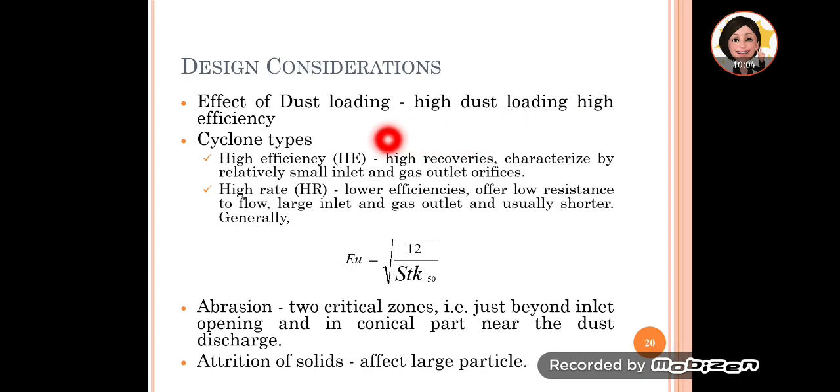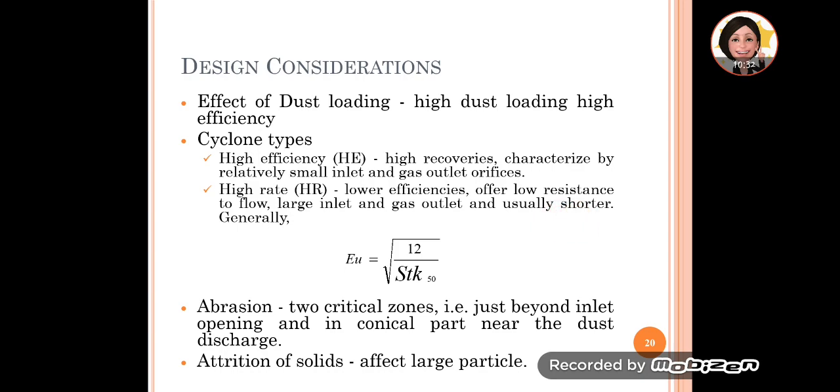For high efficiency cyclones, we want high recoveries, therefore the inlet and outlet orifices should be designed smaller. If we don't mind the efficiency but have a large amount of gas inlet, it should be designed with a large inlet and gas outlet, and it's usually shorter.